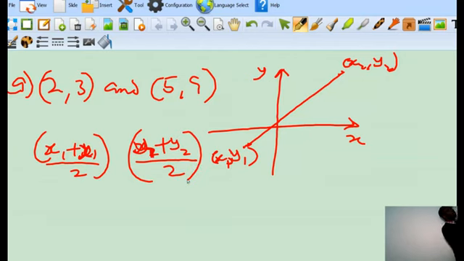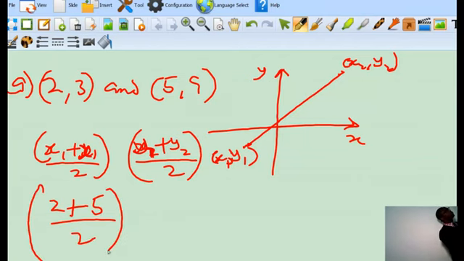Now your x1 here is 2, plus your x2 here is 5, then your y1 here is 3 plus your y2 here is 9, all over 2.